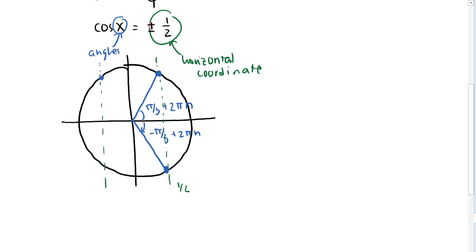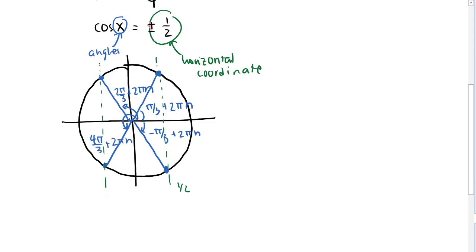And really, angles that land at either of these 2 points on the left give us solutions to our equation. And so here that happens at 2 pi over 3 and its coterminal angles, so plus 2 pi n. And this would be 4 pi over 3 plus 2 pi n.